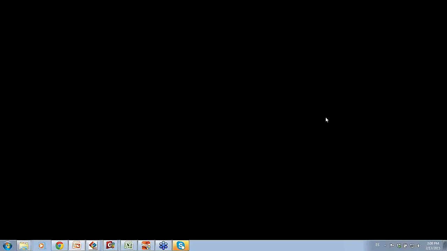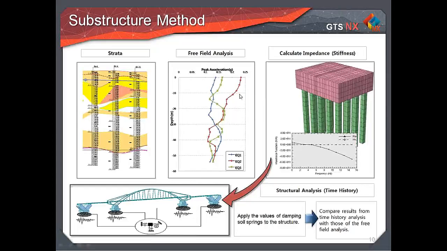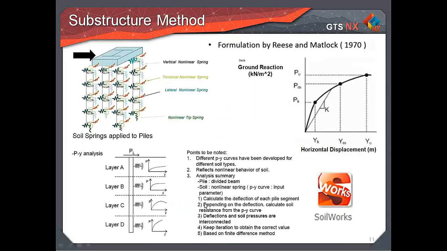So as I was mentioning, from this information, there are different methods, but you can get your stiffness that you can apply as spring stiffness. So within the substructure method, we can see here that these springs that simulate the soil are applied to nodes, which can be on the pile or on the raft, but there are different directions to them and different properties.